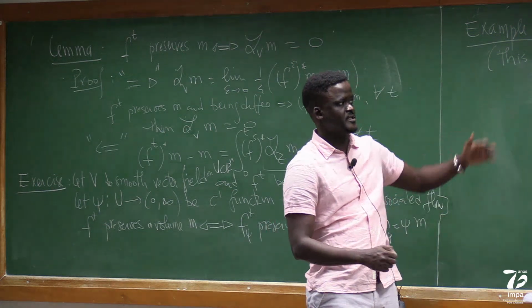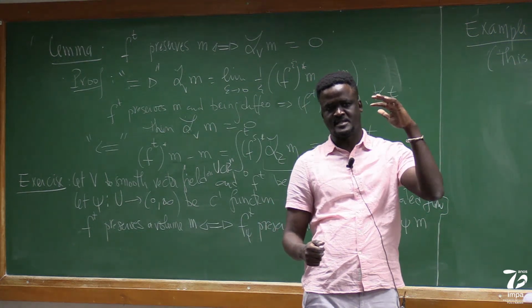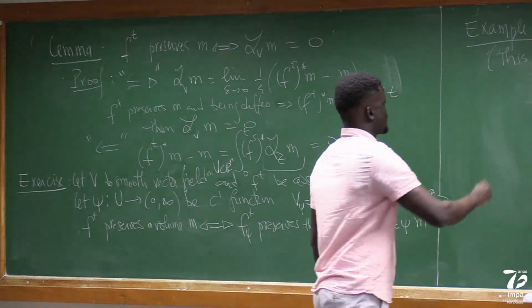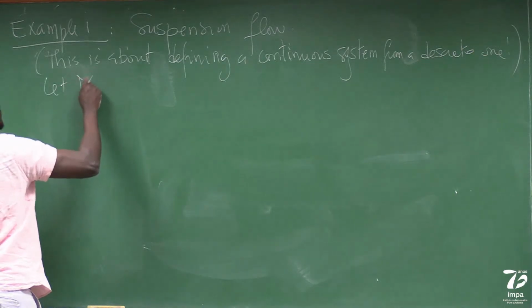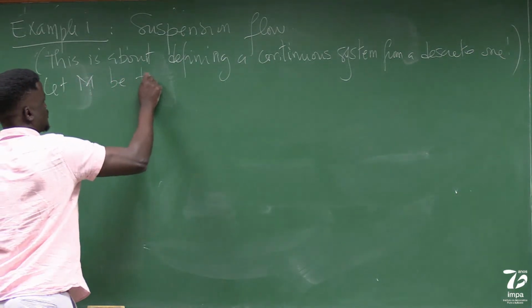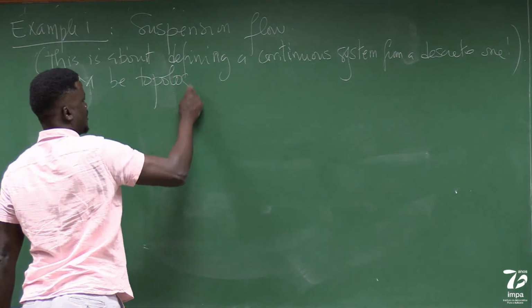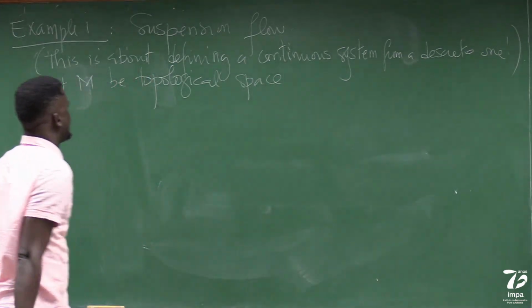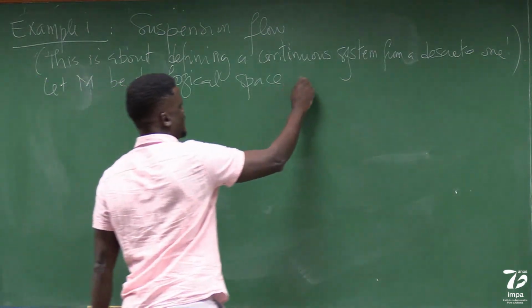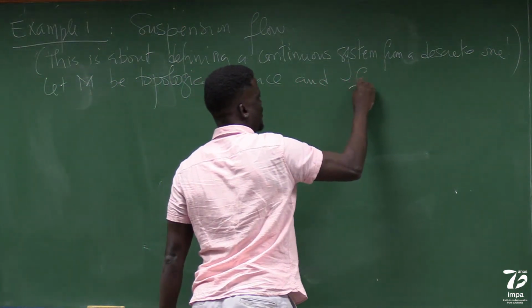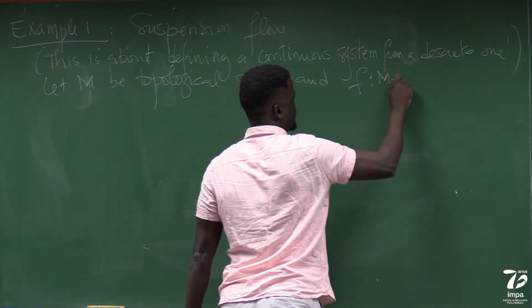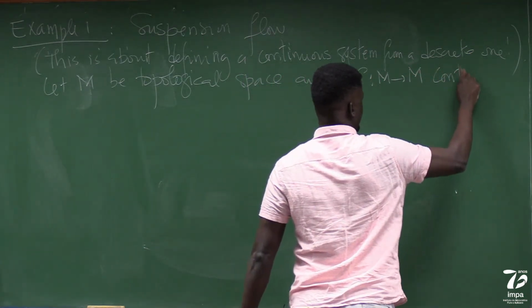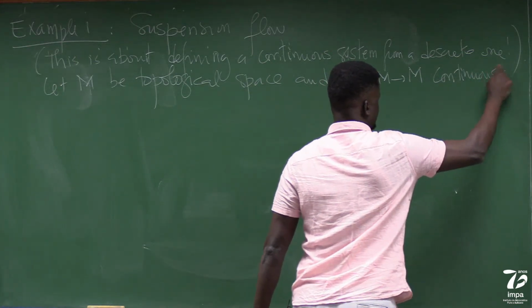So the way we do it here, we go to another space. We increase the dimension of our space by 1, and there we can do it. So let M be a topological space and F from M to M. I suppose this is continuous, okay? I don't want to do anything crazy.